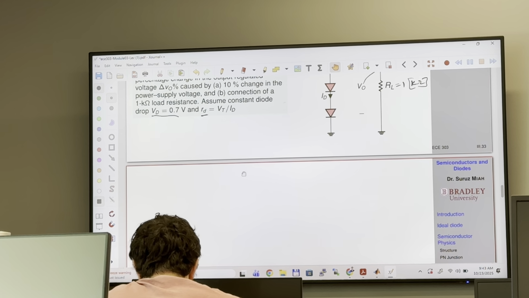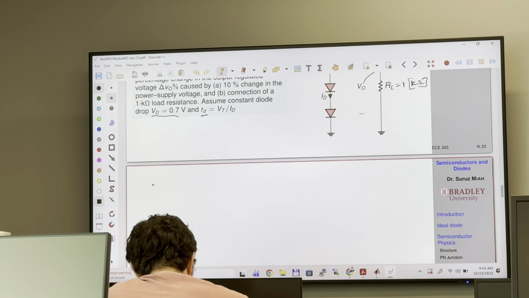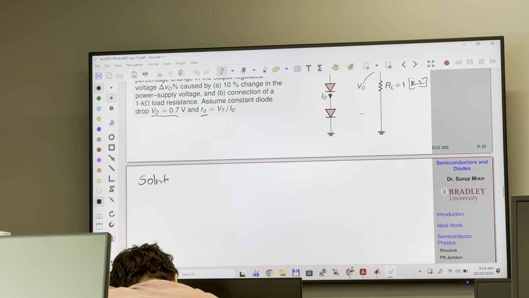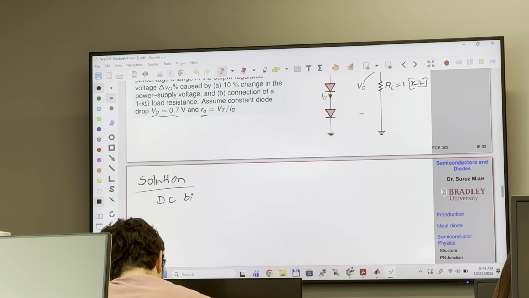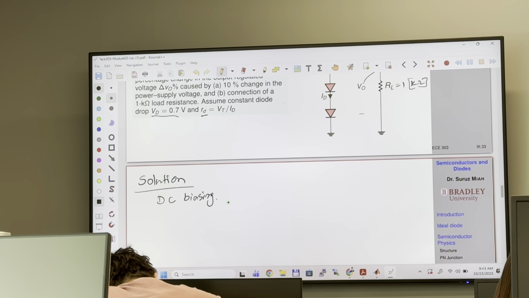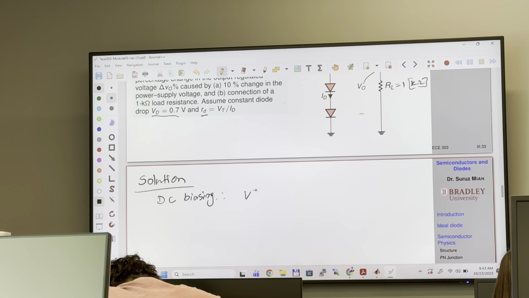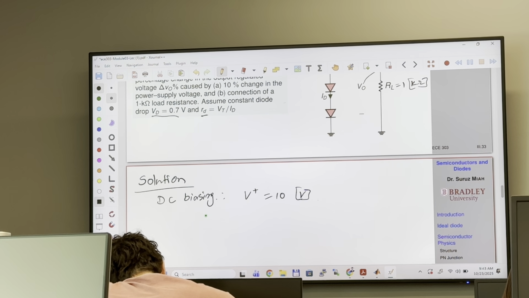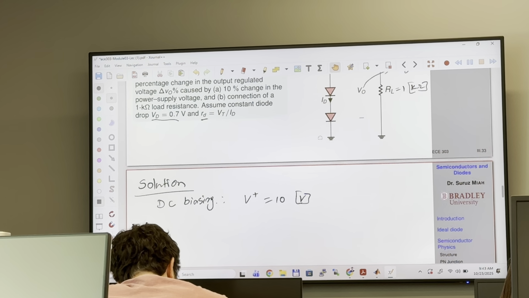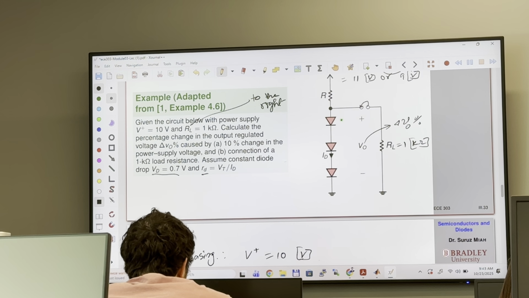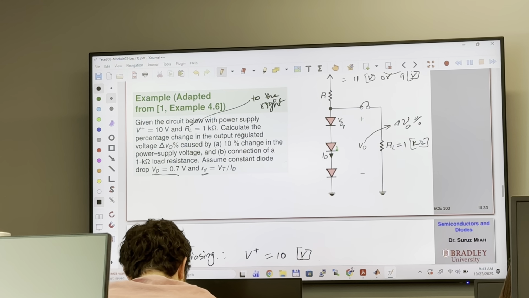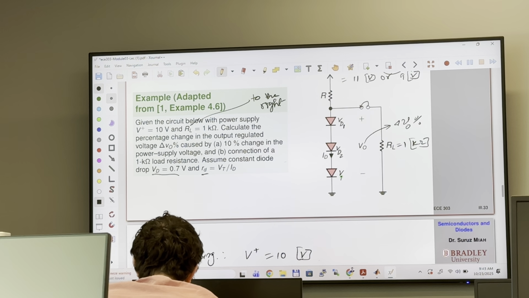Here, solution, DC biasing. DC biasing, your V plus is 10 volt. So we have VD1, VD2, VD3.